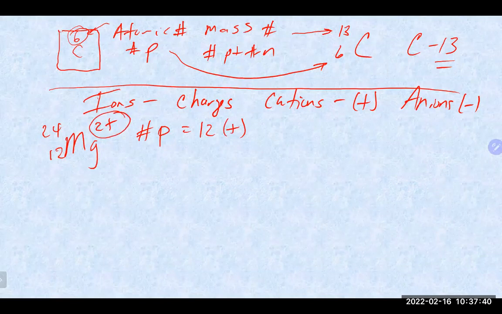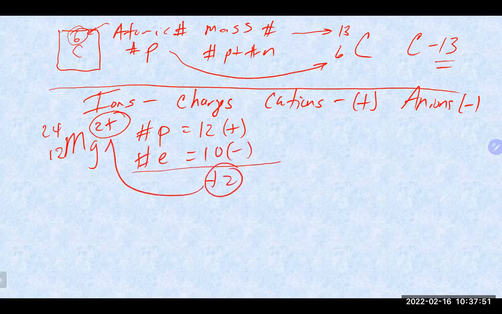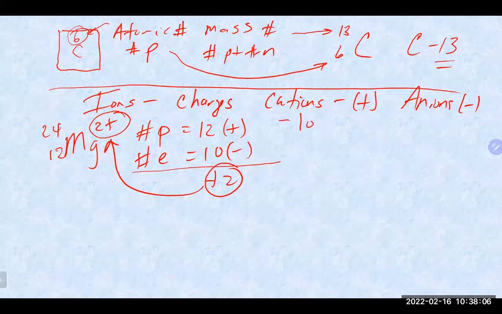The positive tells you that it did lose electrons, so it would have only 10 electrons, which are negatively charged. That is where that +2 comes from. We would still take the mass number minus the atomic number to figure out the number of neutrons, just like we normally would. And we get a cation by the loss of electrons.